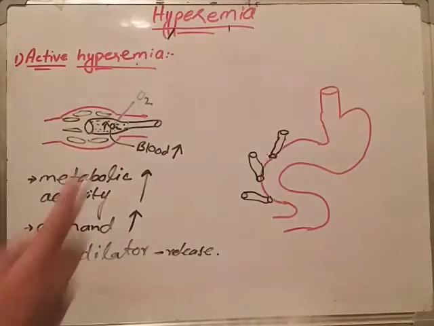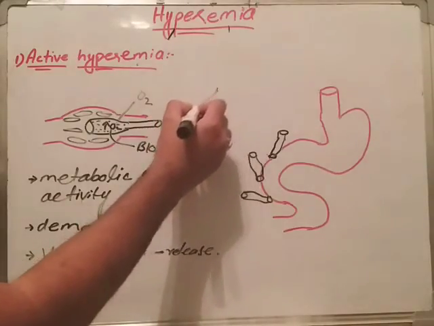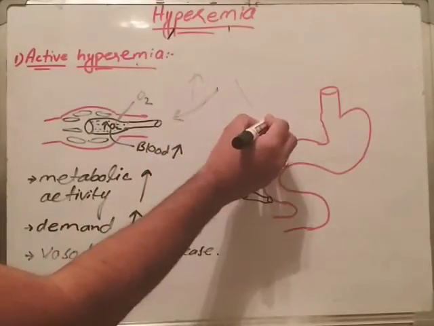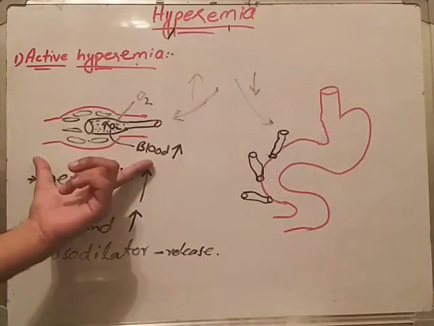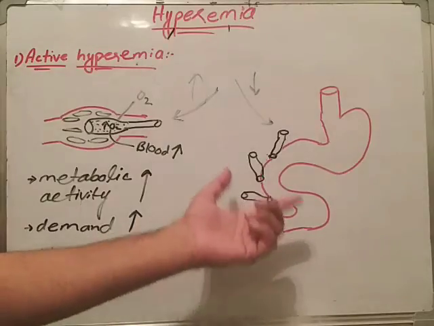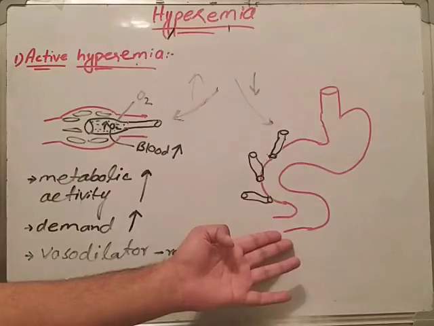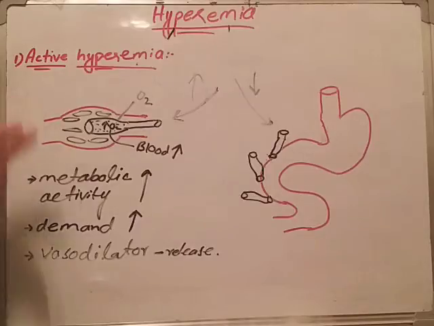So blood supply to the skeletal muscle increases, and the blood supply to the GIT decreases. So hyperemia occurs here, and there oxygen decreases in that particular area because it is not taking part in the heavy exercise. This is what we call active hyperemia. And the second condition is called reactive hyperemia.